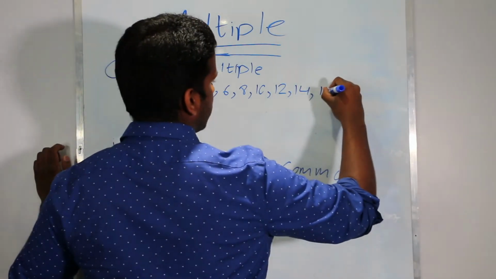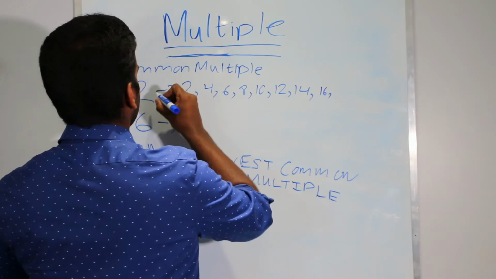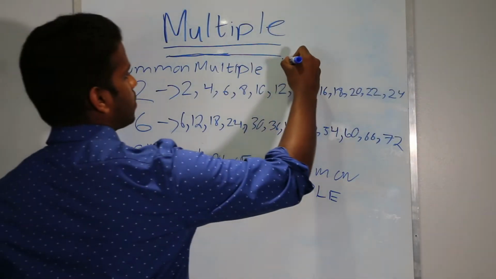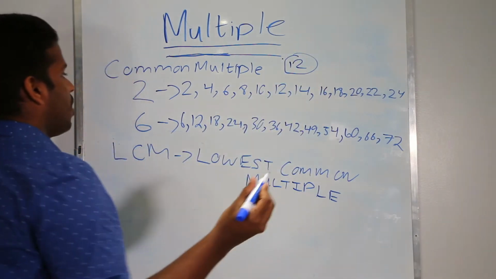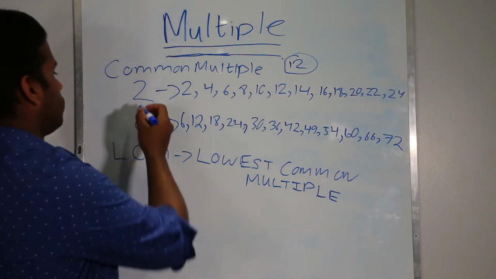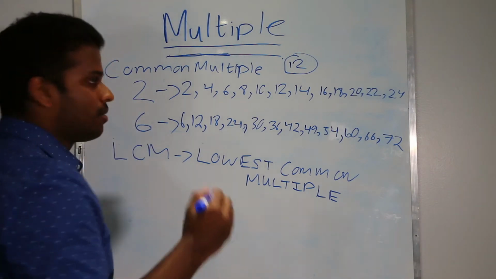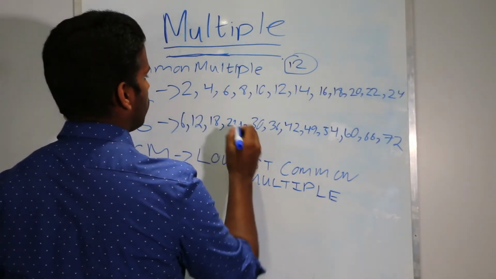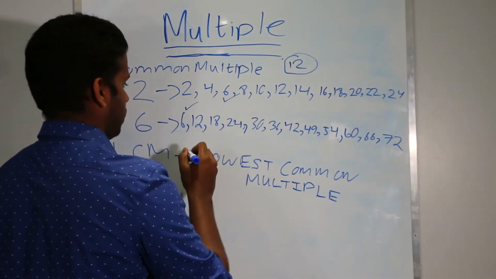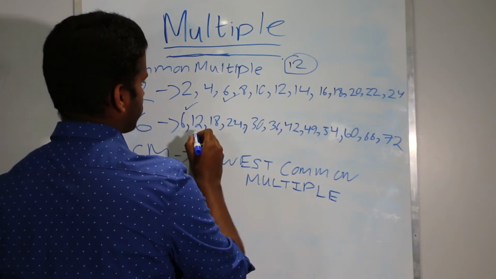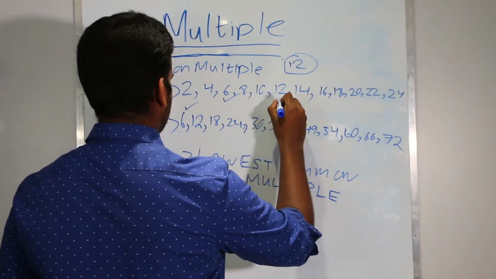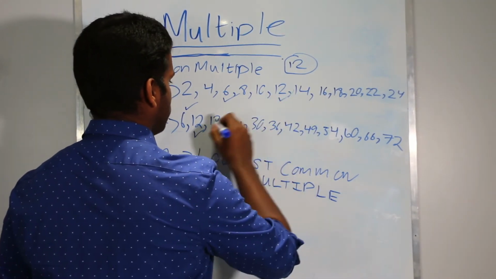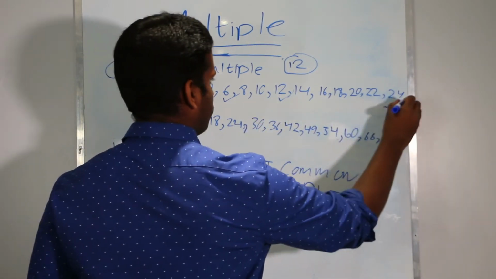We'll go up to the 12th multiple, so we have the first 12 multiples of 2 and of 6. So we listed them. Let's figure out which are common here. 2, no. 4, no. 6, yes, we have a 6. We have a 12. 24 is common.